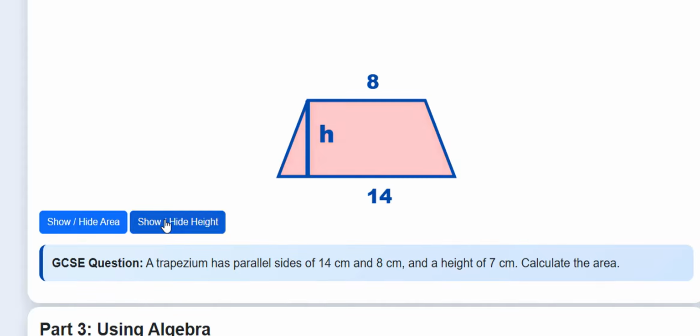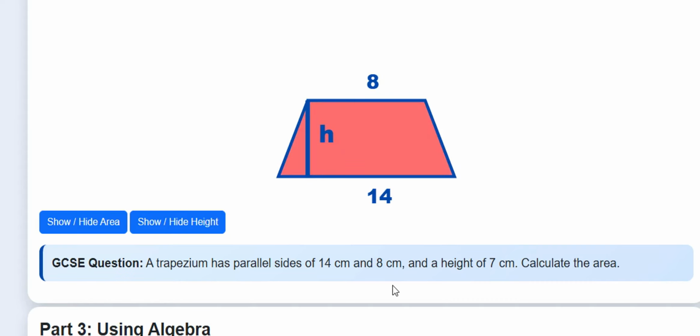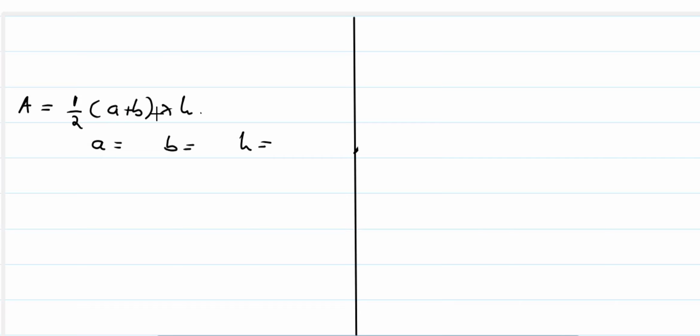So to get the area, A, we said, is given by half into A plus B, where A and B are the parallel sides, then multiplied by height. But we are already given A, we are given B, and we are also given the height. So the values are 14, 8, and 7.